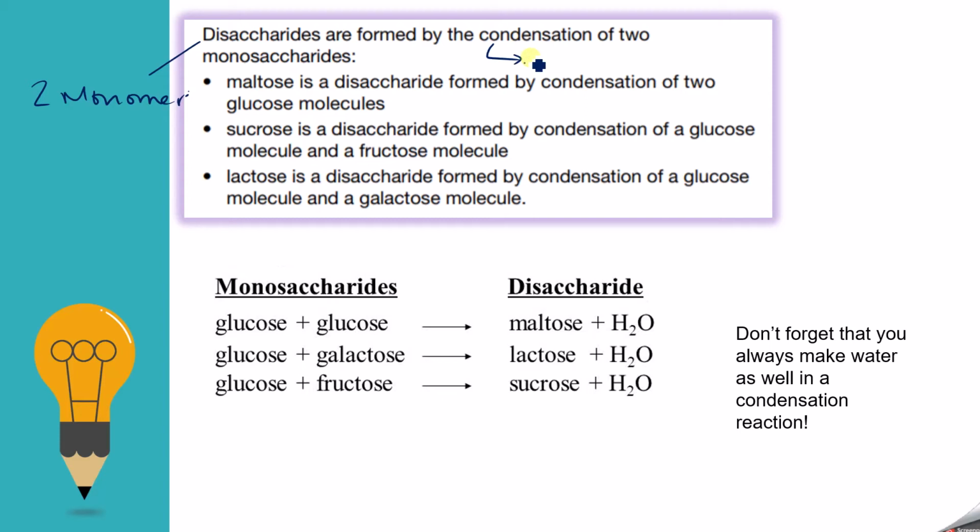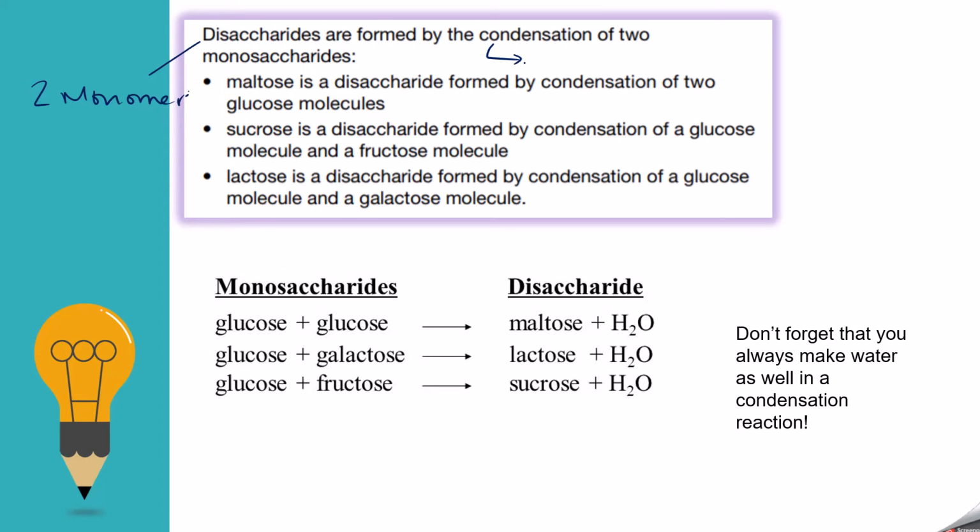Condensation is basically adding 2 molecules together, forming a chemical bond with the release of a water molecule. So you need to know a few specific disaccharides and how they are formed. By how they are formed, I mean what are they made from initially, so the monosaccharides that make up these disaccharides. So let's look at the first one.